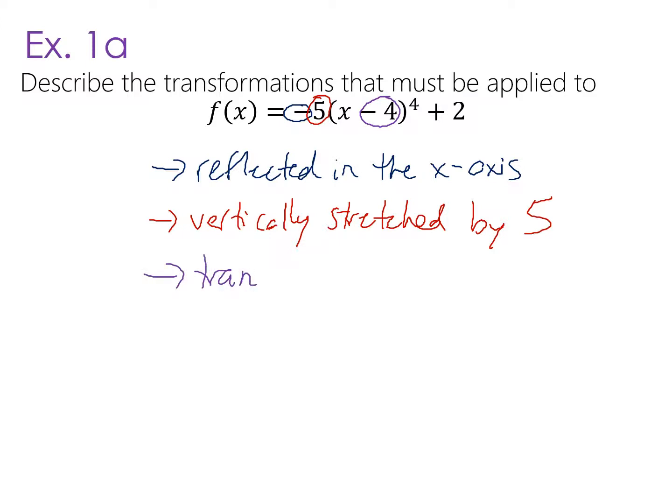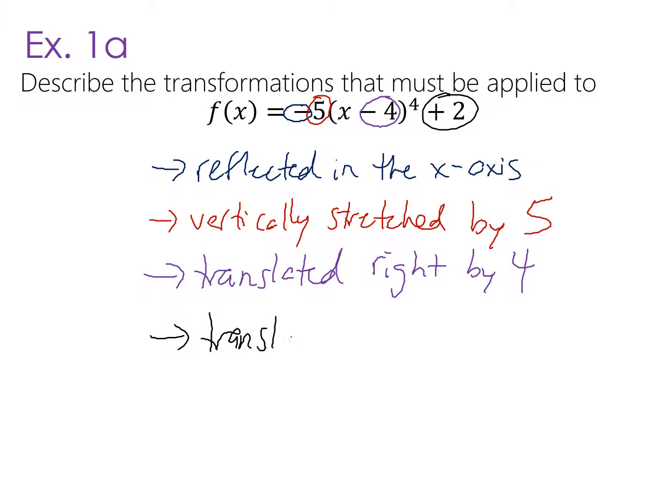So we'll say translated, or you could say shifted, right by 4. And the last thing, positive 2. That's like your c value, up and down, translated up by 2.